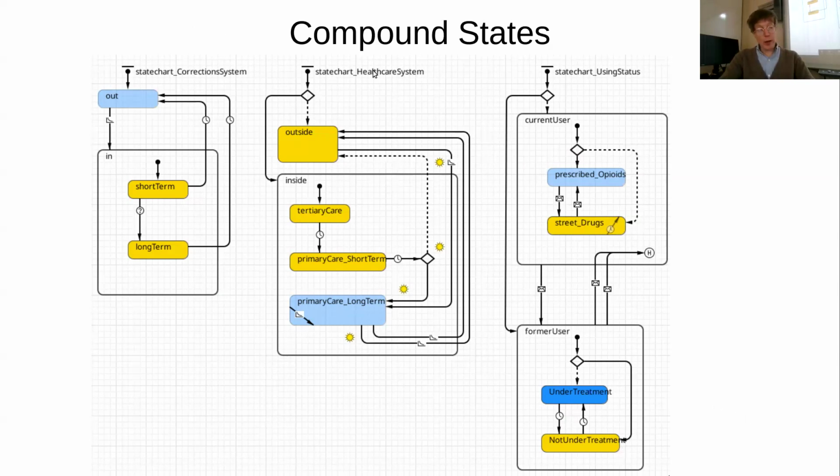Okay, but really what I wanted to introduce was the notion of a compound state. A compound state is a type of state that in general can contain other states. It's a little bit like a hierarchical state chart.